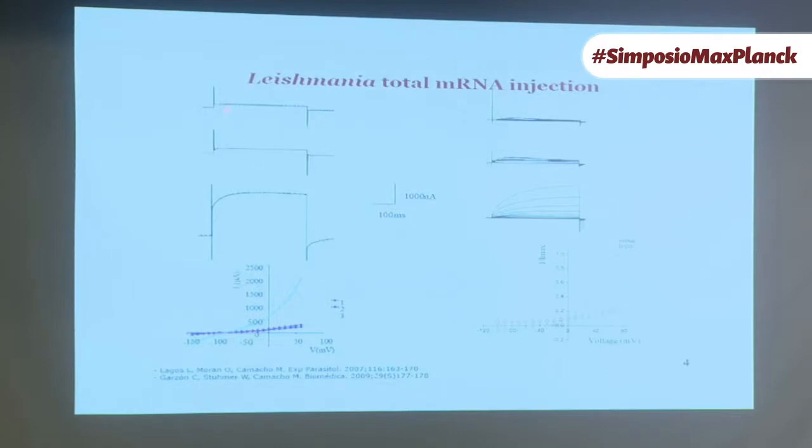What you have here is the recording of a control oocyte, a recording of an oocyte that was injected just with the buffer where the mRNA was diluted, and a recording of the injection with mRNA. And what this is showing us is that there is a voltage-dependent current that happens to be driven by chloride.